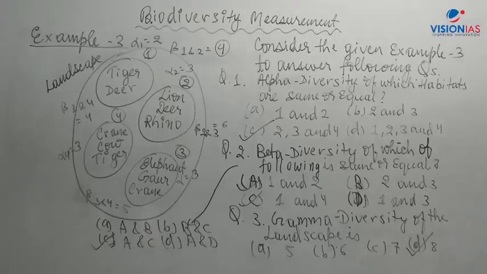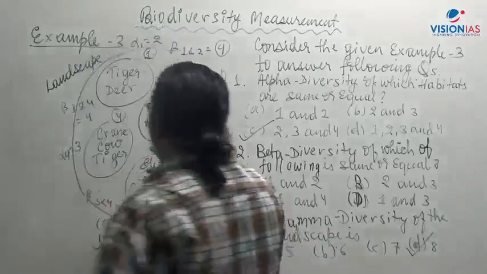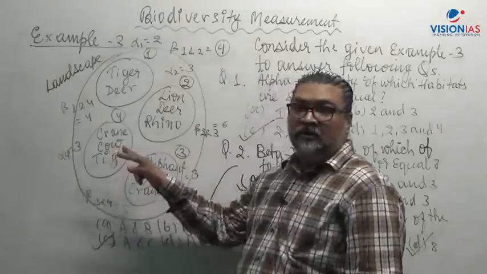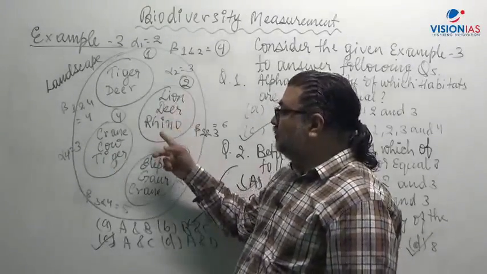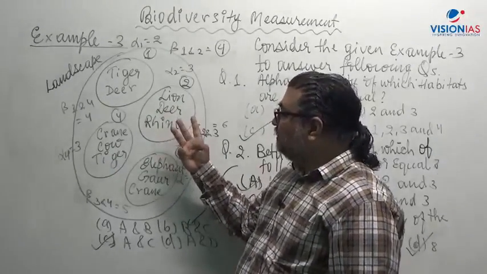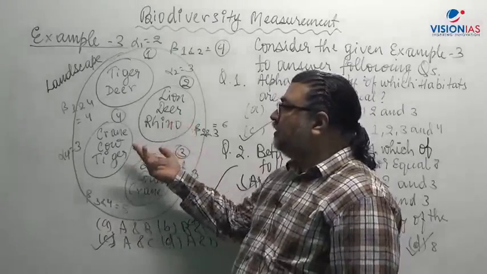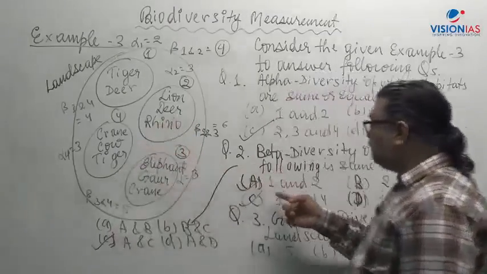Okay, 2 and 3 and 2 and 4 also same. But I have not given you that option, no? Okay, you are saying 2 and 4. If you take 2 and 4, lion, deer and rhino, 3 are there. Not a problem.